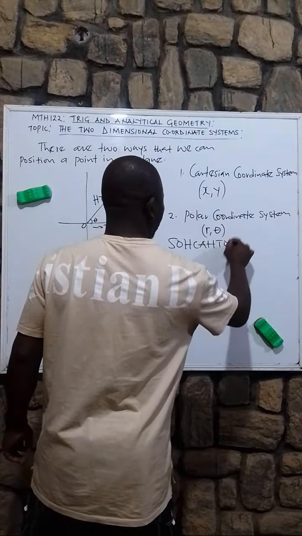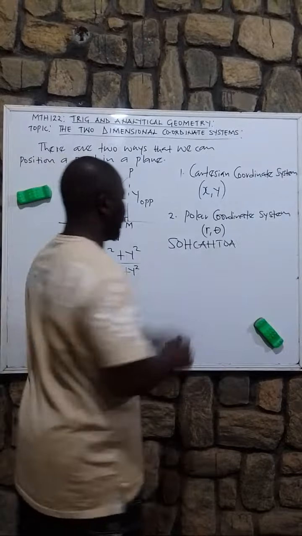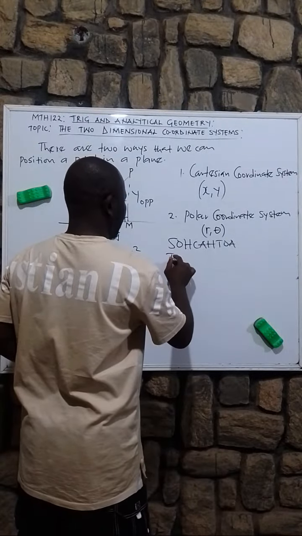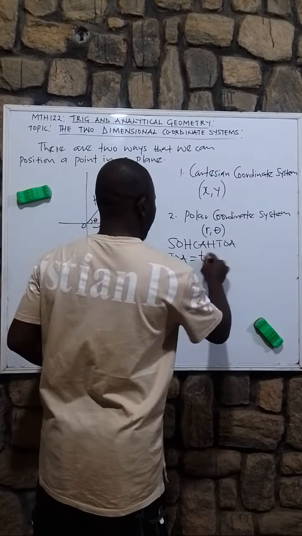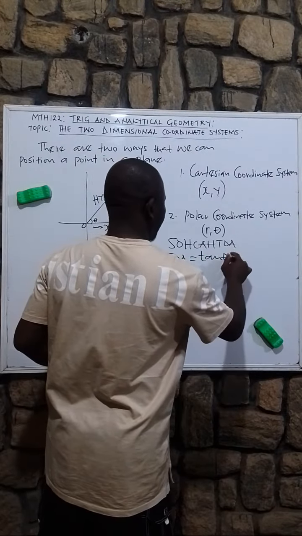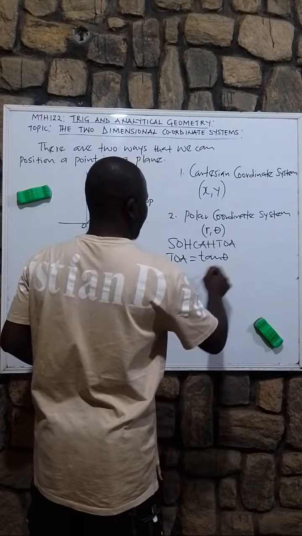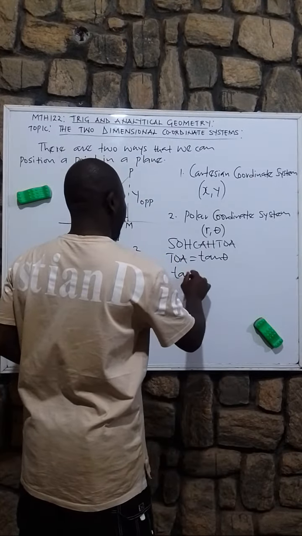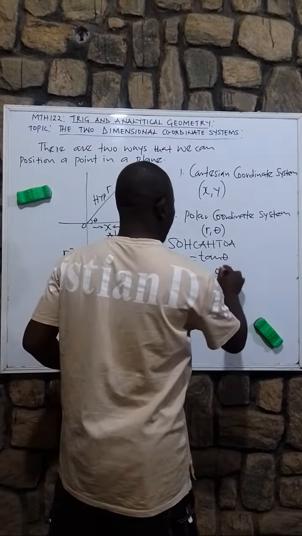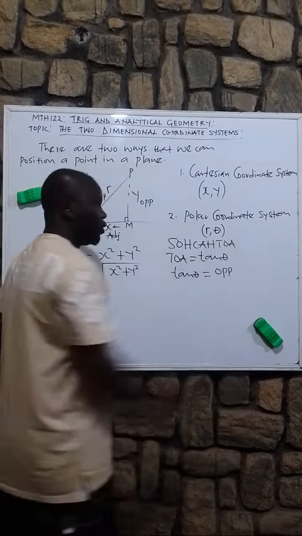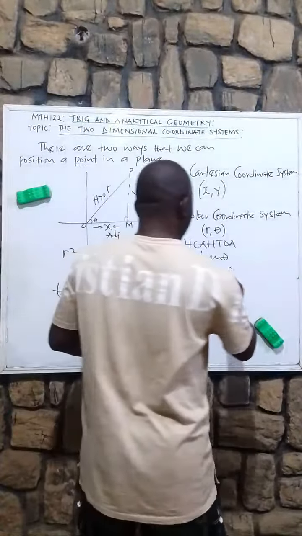SOHCAHTOA, right? So tan theta equals opposite over adjacent. O means opposite, then A means what?